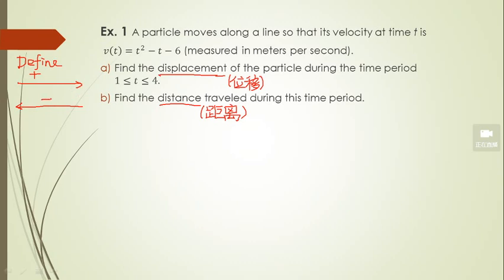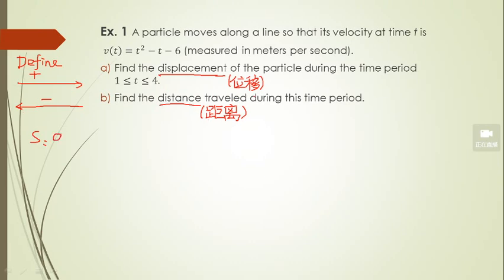But the distance should be a non-negative number, okay? So here, let's answer part 1. Yes, interesting to recall some Chinese knowledge. 位移, 距离.